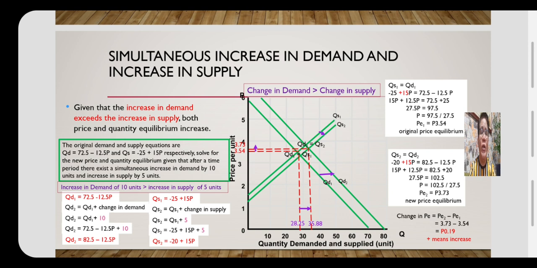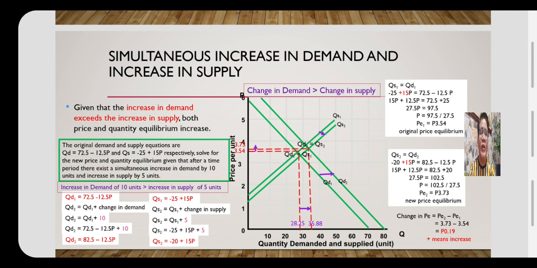And given that the original equation is 72.5 minus 12.5P, if we add to it the change in demand, which is an increase by 10 units, then we now have a new demand equation: QD1 equals 72.5 minus 12.5P plus 10.